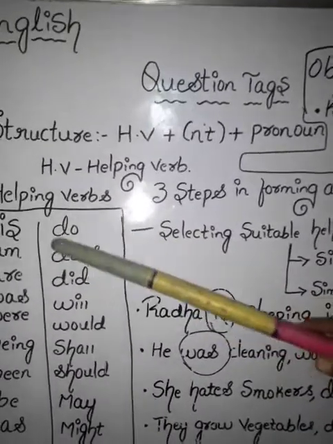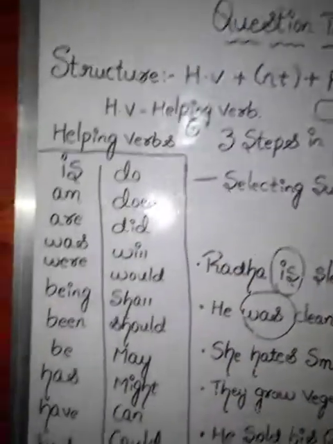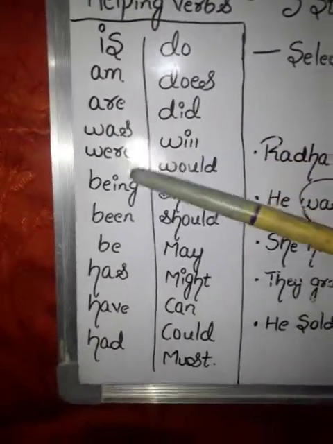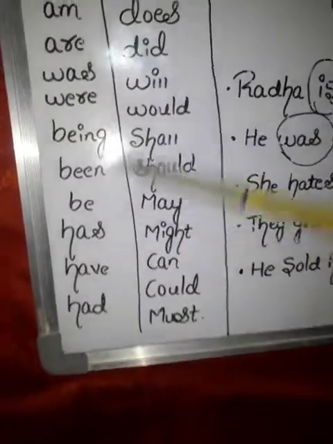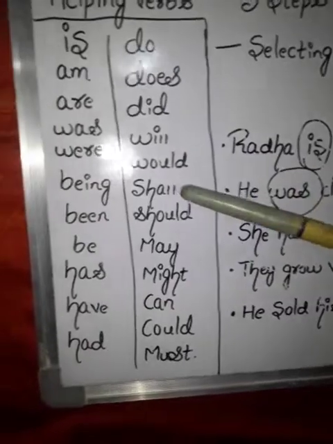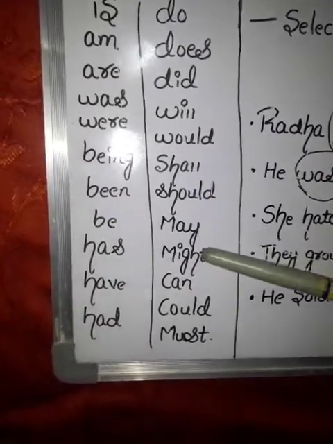So what are the different helping verbs in English? They are is, am, are, was, were, being, been, be, has, have, had, do, does, did, will, would, shall, should, may, might, can, could, must.